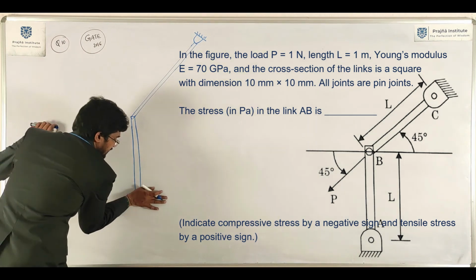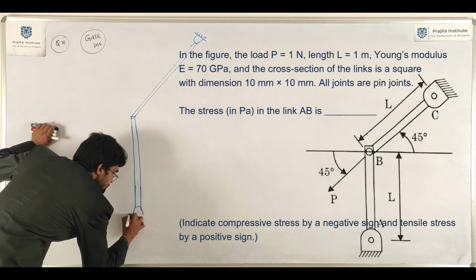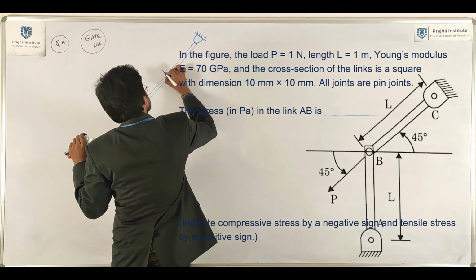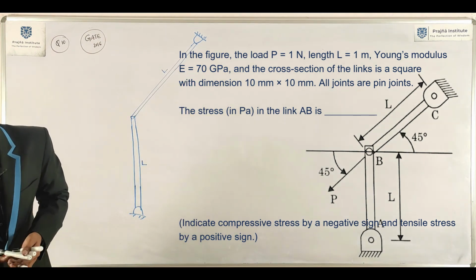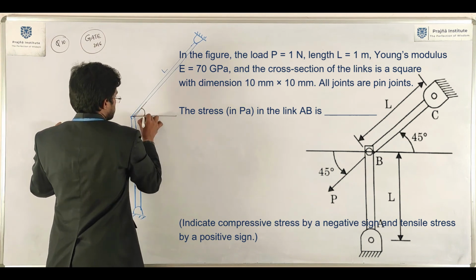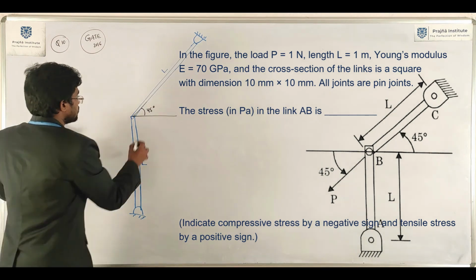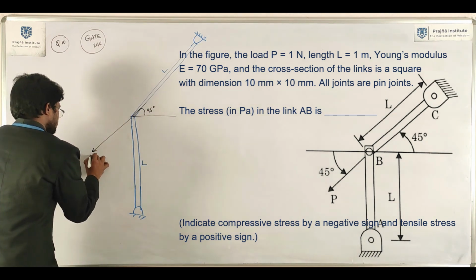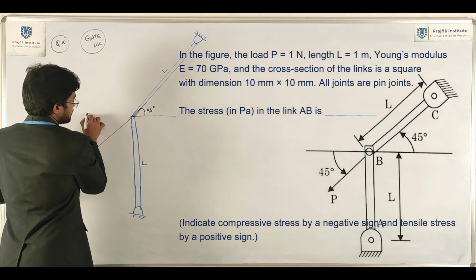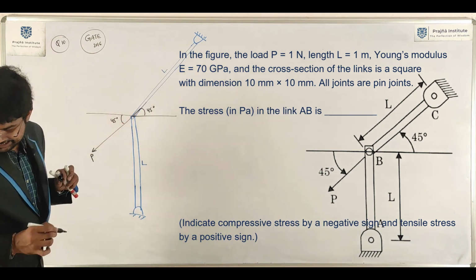Both members are equal in length, so length L, and the other is also length L. They gave this angle as 45 degrees. The load acting on this member is P. The load acting on this member is P. It is 45 degrees. Clear?